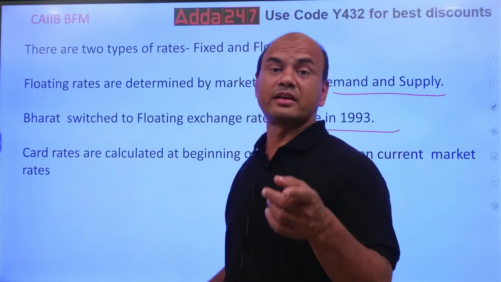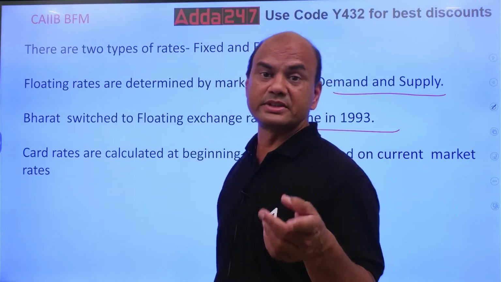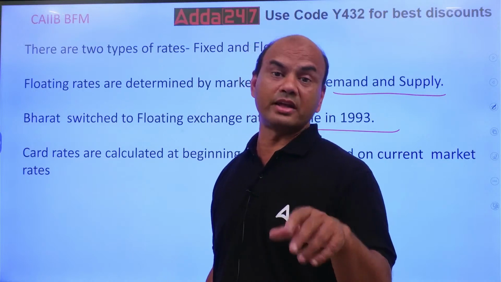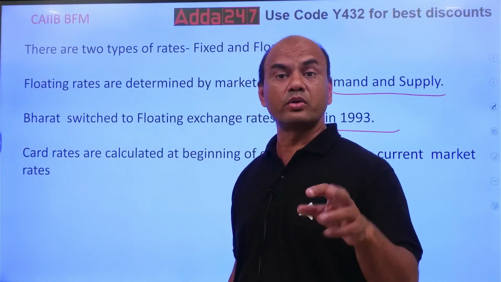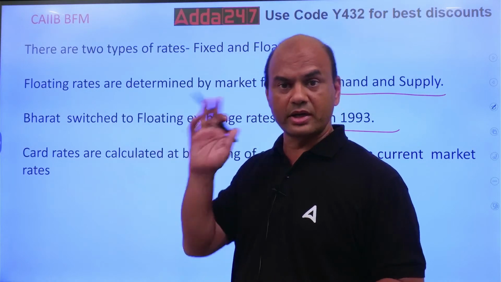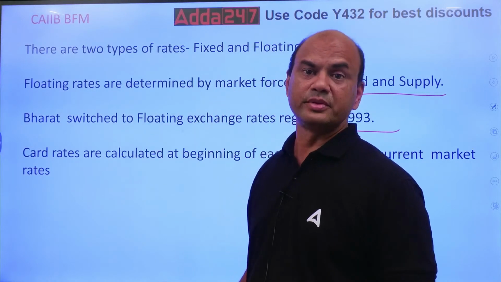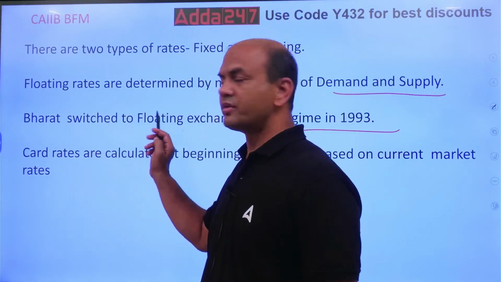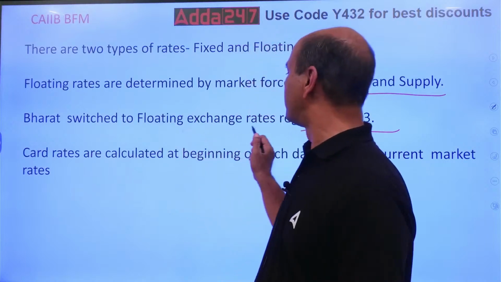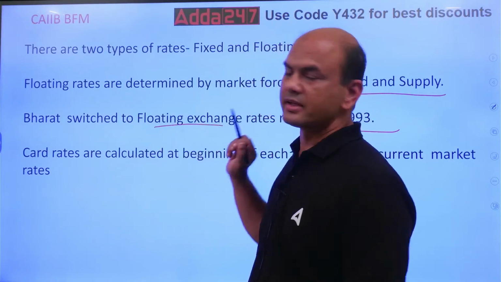Like presently you are seeing in the USA, the gold rate of their currency, just check on Google. They have fixed it at $42, whereas right now the gold rates are around 2000. Huge difference. Coming back, we switched to the floating exchange rate in 1993.